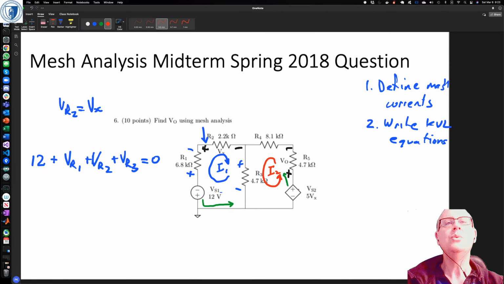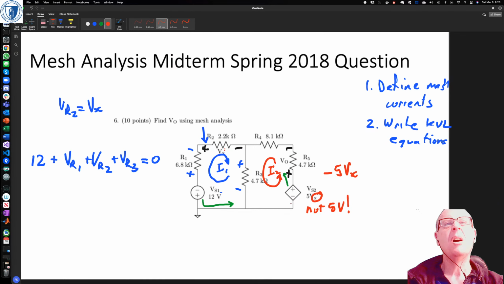Now I2 has a minus 5 Vx, and note the X, right? This is not 5 volts. Vx is defined up here.